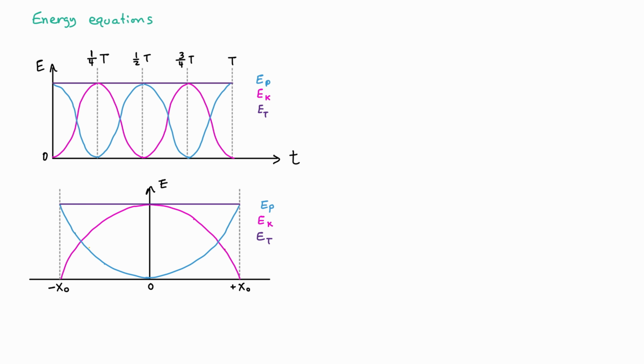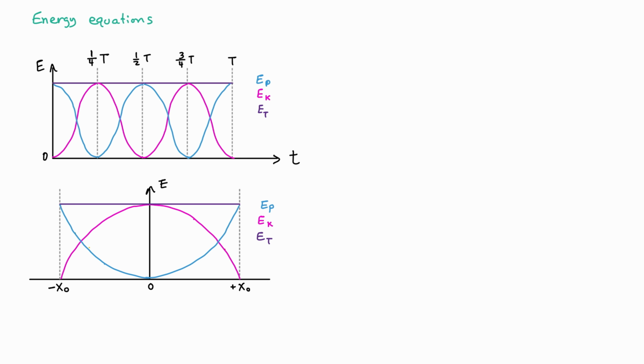So we talked about the concepts of energy in another video, but we know that the kinetic energy is always converted into potential energy, and potential energy is converted to kinetic energy, and the addition of both of those two always leads to the total energy.